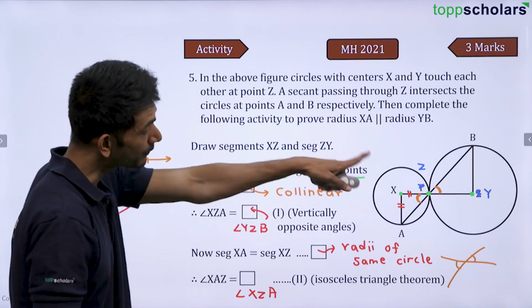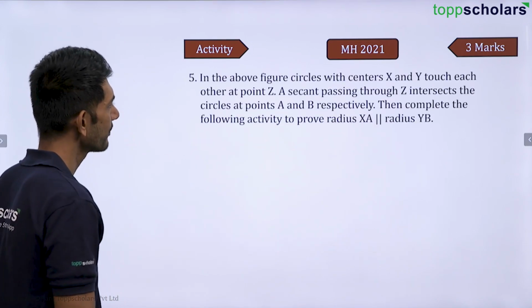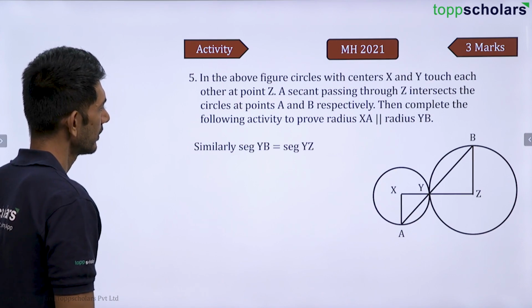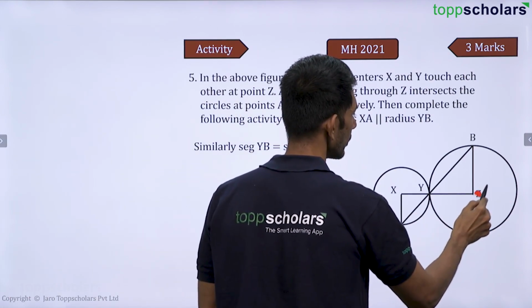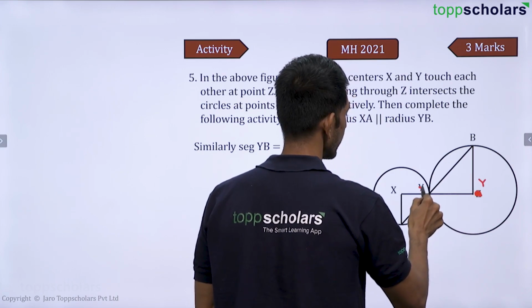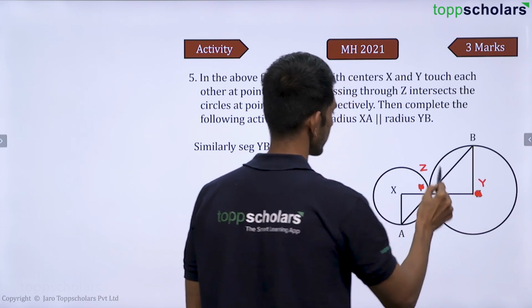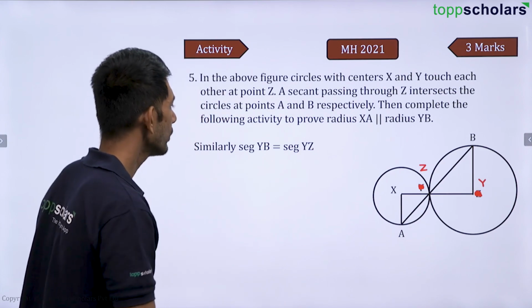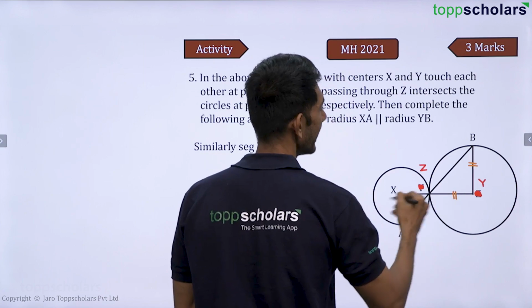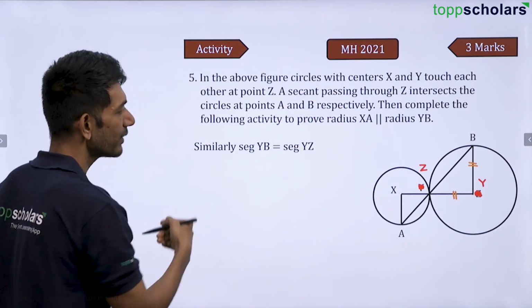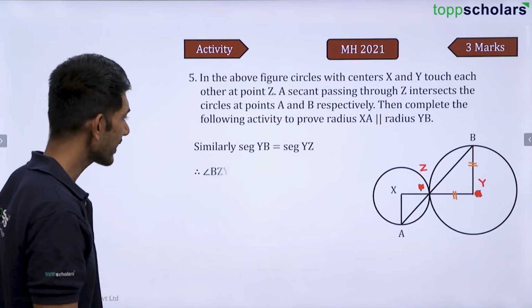Now can we apply the same concept there? Let's see. So again I am changing this. This is our Y and this is our Z. We know that YB and YZ are equal, so again I can apply the isosceles triangle theorem.